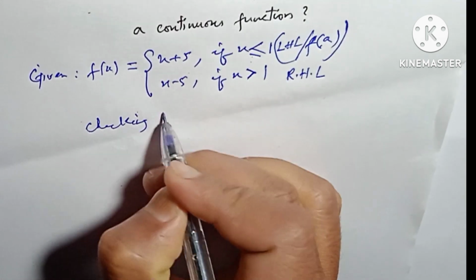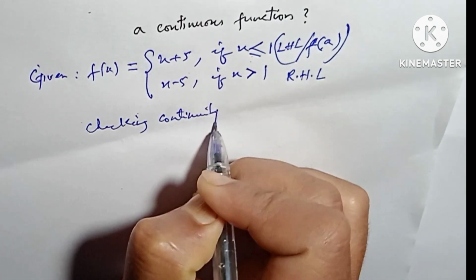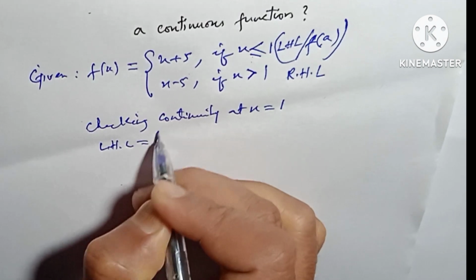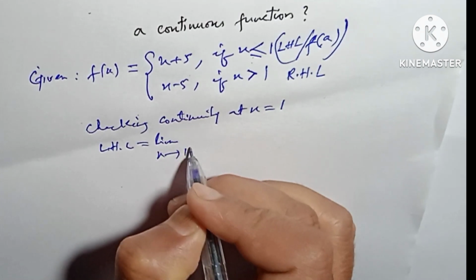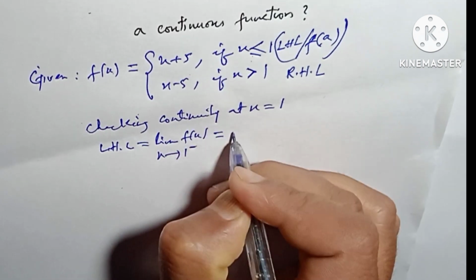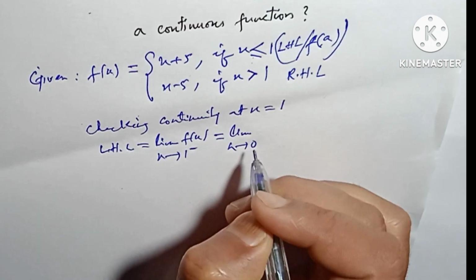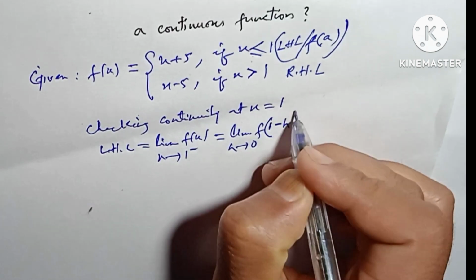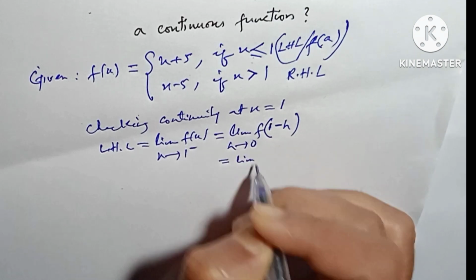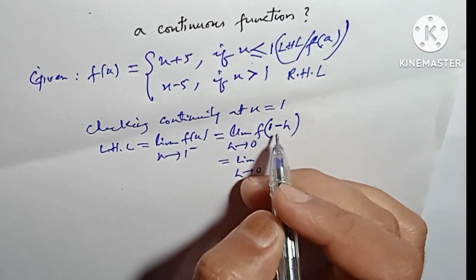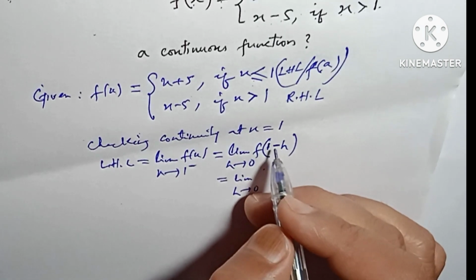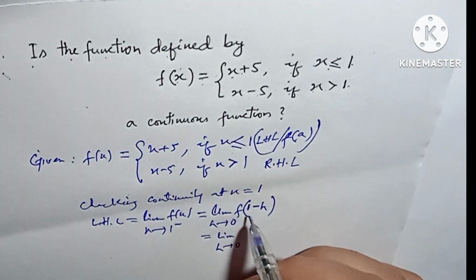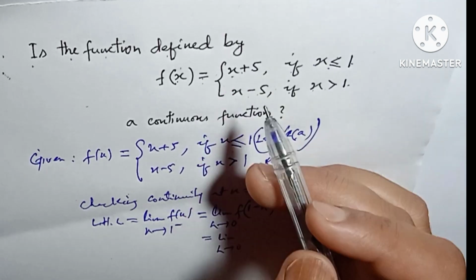Checking continuity at x equal to 1. Left hand limit is limit x approaches 1 from the left side of f of x, equal to limit h approaches 0 of f of 1 minus h. Since 1 minus h is less than 1, f of x is equal to x plus 5, so x is 1 minus h.